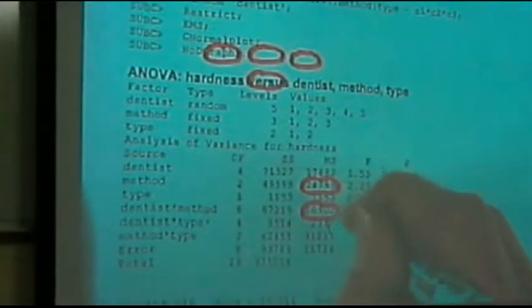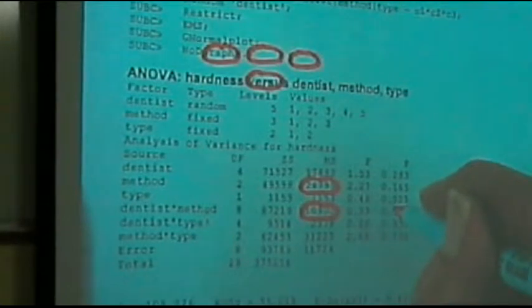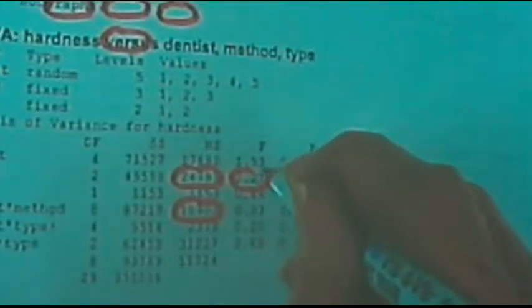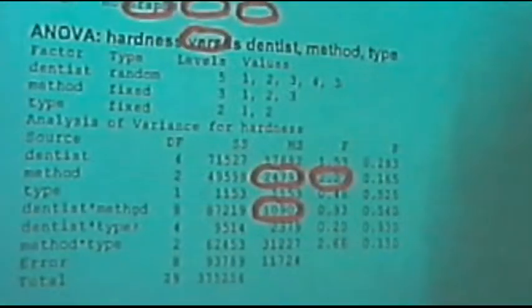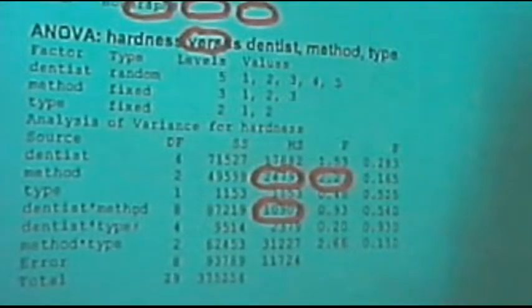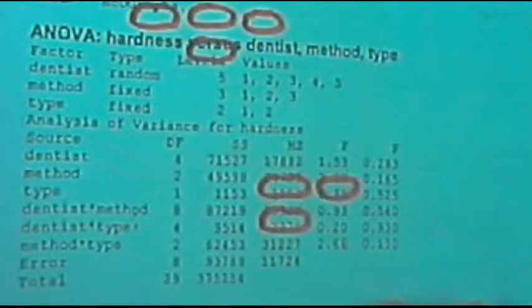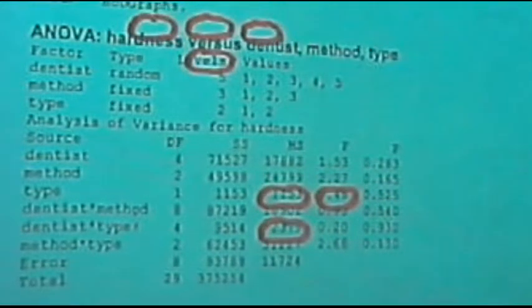So the ratio of those should be a little more than 2. That looks like about right. Anyway, you can check those numbers out with your calculator, and I'm sure that they're going to match out as they seem to. So there's the denominator for that F-test. Okay. Now there's one more F-test here. Let's see where we're at.